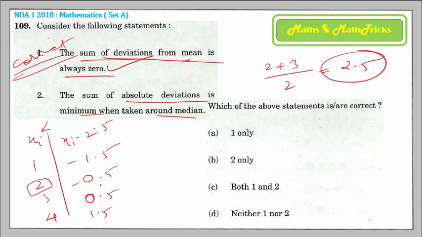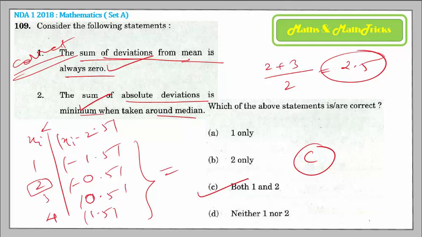Now the sum of the absolute values of these deviations will always be a minimum compared to the mean. You can verify this for the data, and hence both these statements are correct. So both 1 and 2 are true for this particular question.